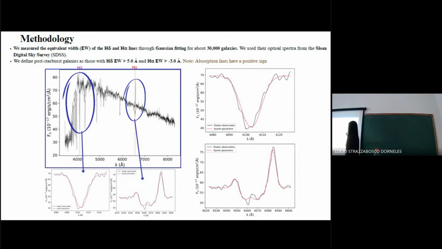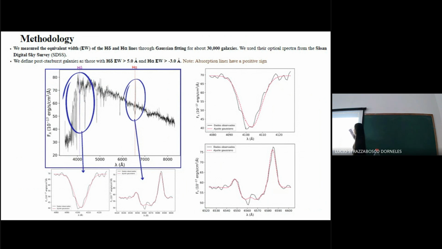Equivalent width is how evident this line is when compared to the level of the continuum. This is the continuum, the line of one galaxy.